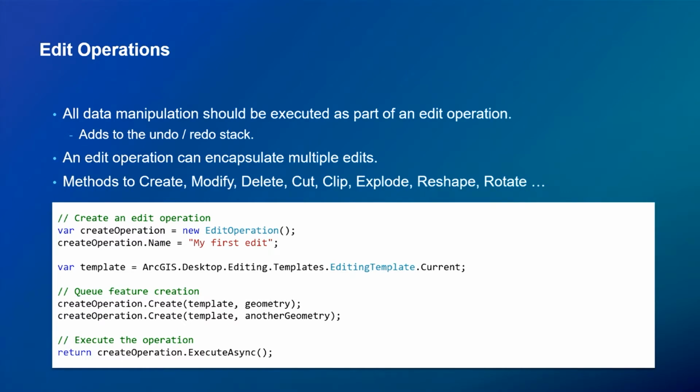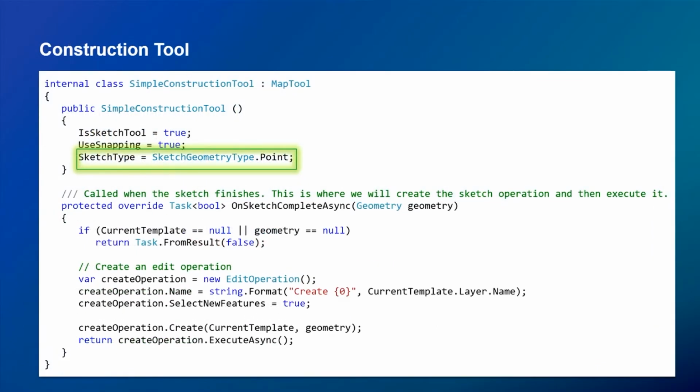So this being the nucleus, let's take a step back and look at what happens when we do want to create a feature. Now we're talking about the construction tool. This is the code that's being stubbed out by the Visual Studio template.